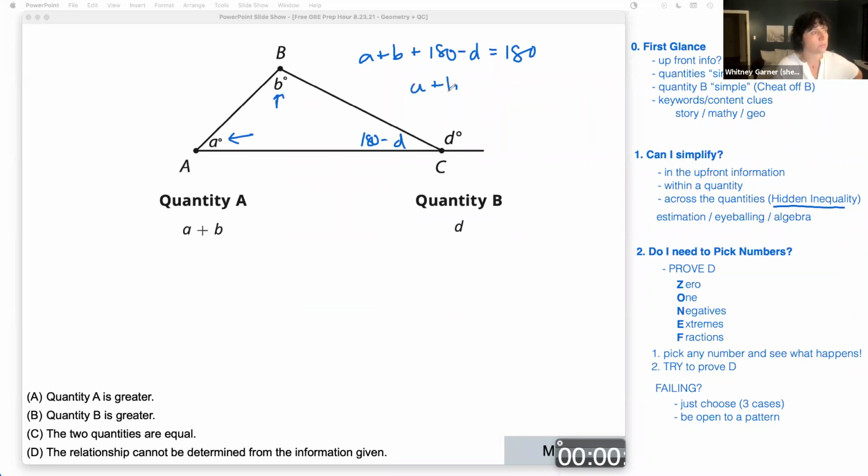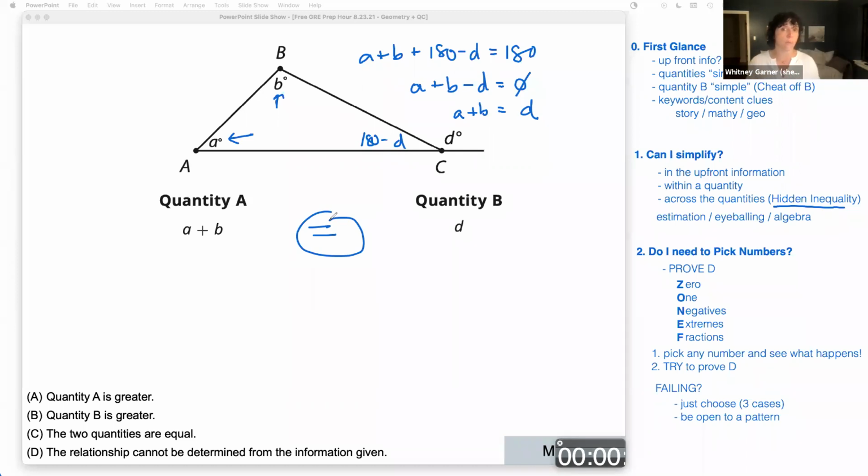So A plus B minus D equals 0. And then I don't like that minus D, so I'm going to move it to the other side. It's also nice because those are the two different values in my quantities. A plus B is equal to D. That means I know for a fact that they're equal, and I can pick C. We certainly could pick numbers, but that's going to take us a lot longer.